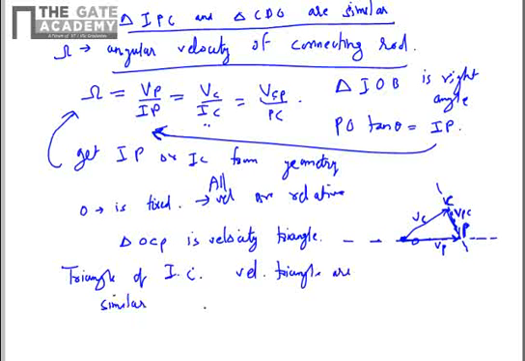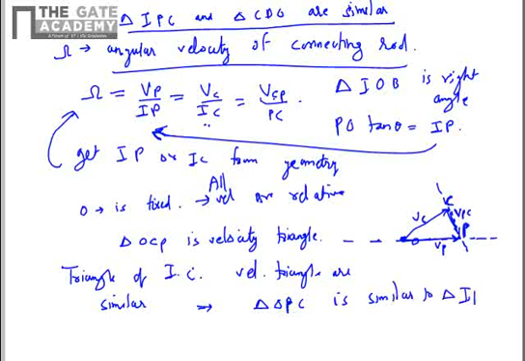So in this figure, triangle OPC is similar to triangle IBC, this was the instantaneous solution. You can also make use of this identity if it helps in the problem.